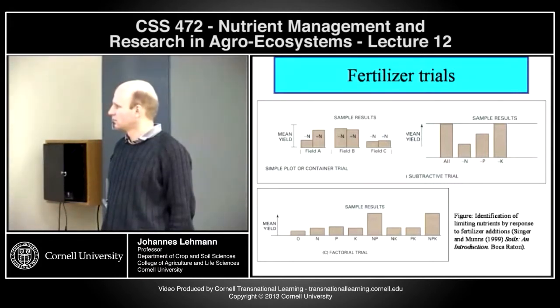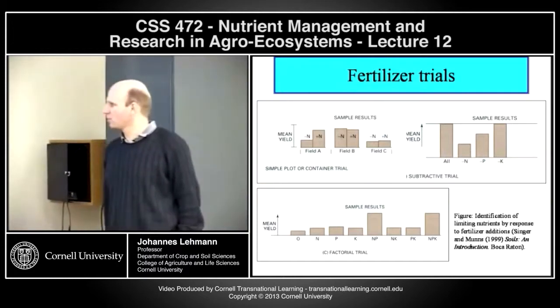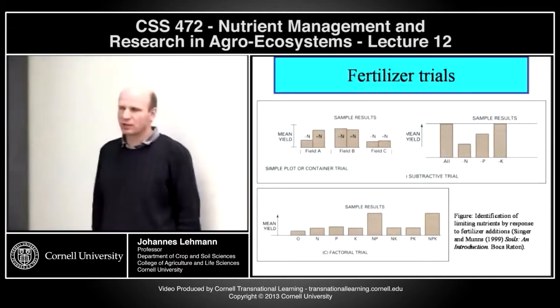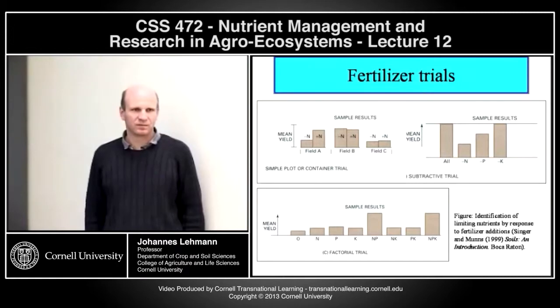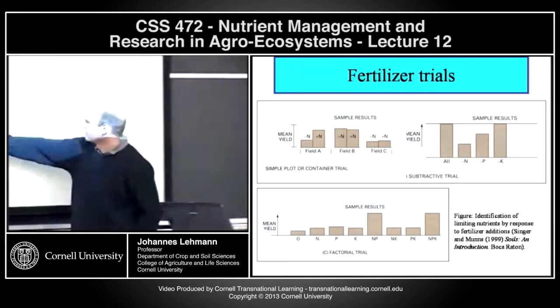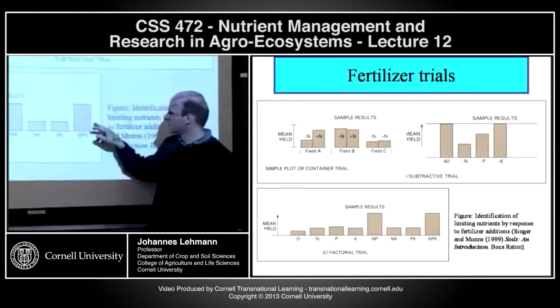So I would say that probably nitrogen and phosphorus are having almost the same effect on yield. Yeah, so nitrogen and phosphorus are probably both strongly limiting. And what about potassium? I would say it's probably not very limiting. Yeah, I think you're right, because whether you add K to the NP doesn't make any difference.